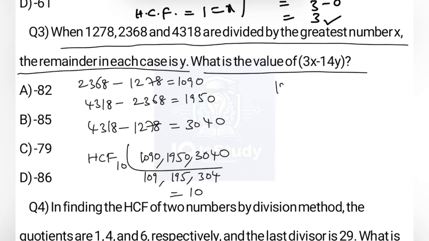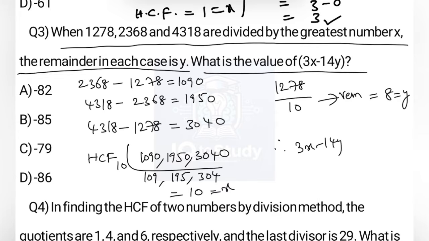Let's divide 1278 with 10. Then the remainder is always 8 if we divide with 10. Let it be y, and 10 is equal to x. Therefore, 3x minus 14y, which is equal to 3 into 10 minus 14 into 8. That is equal to 30 minus 112, that is minus 82.